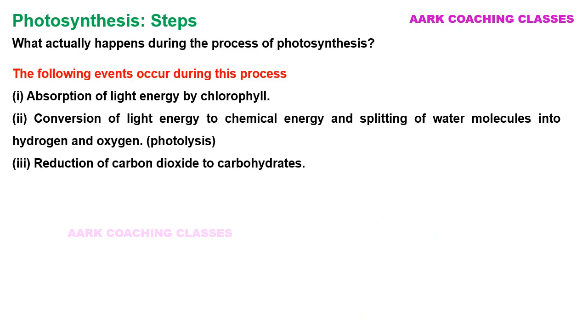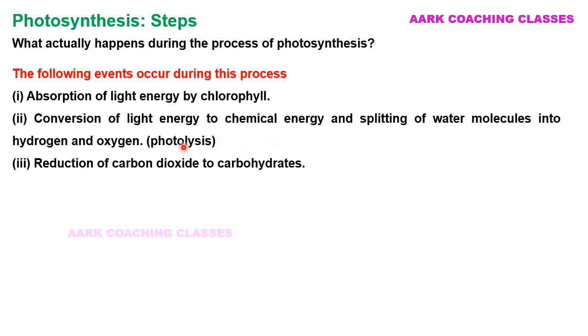Now what actually happens during the process of photosynthesis? The following events occur during this process. Absorption of light energy by chlorophyll. This is the first step. In the second step, conversion of light energy to chemical energy and splitting of water molecules into hydrogen and oxygen. This process is also known as photolysis.